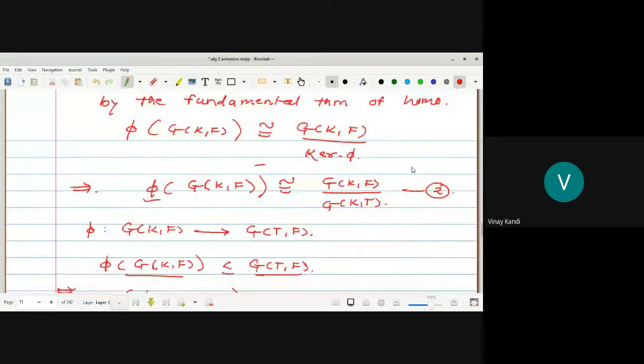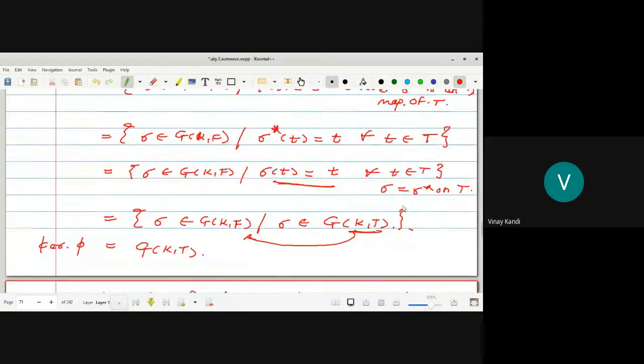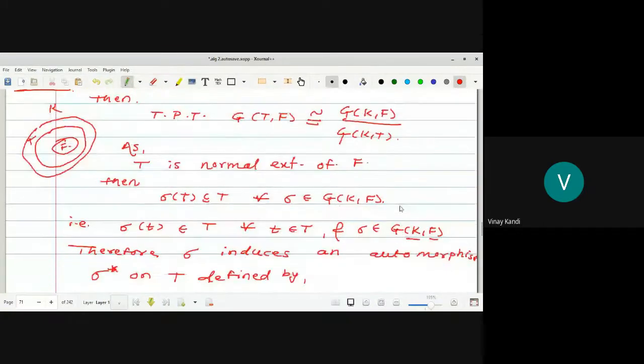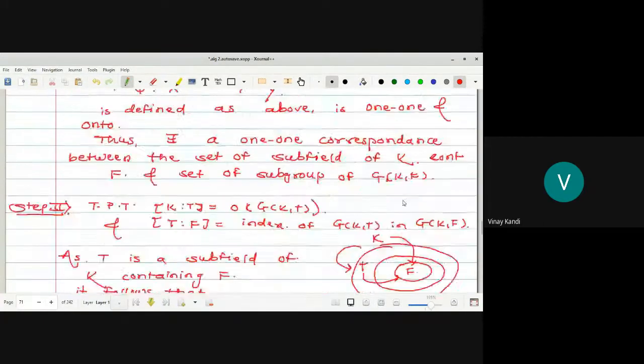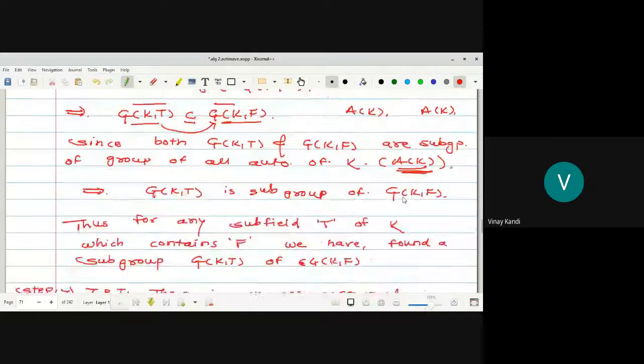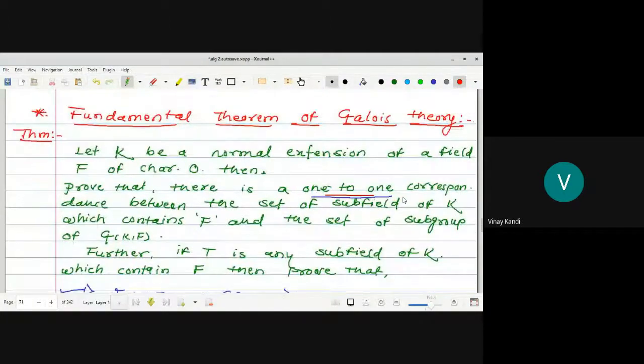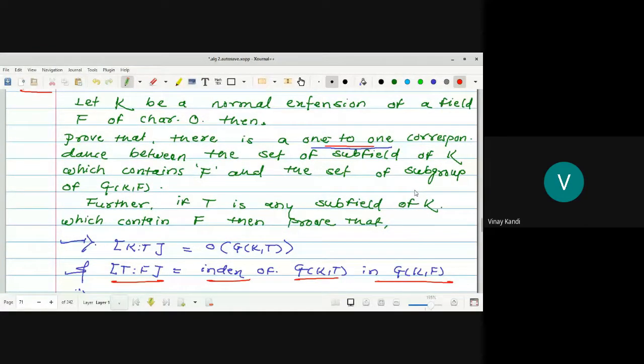Okay. So look at this one again. This is the statement of this theorem. Let K be a normal extension of F, a field with characteristic 0. Then there is a one-to-one correspondence between the set of subfields of K and the set of subgroups of GK. Also, if T is any subfield of K which contains F, then the dimension of K over T is equal to the order of GKT.